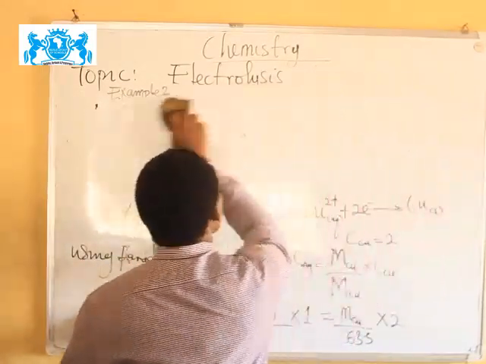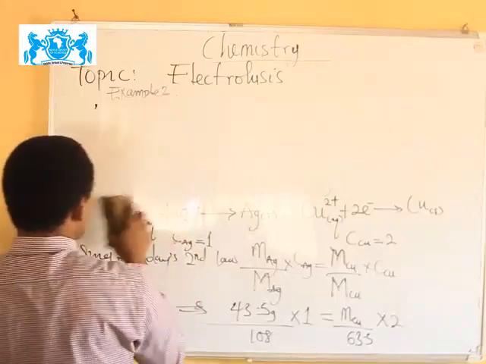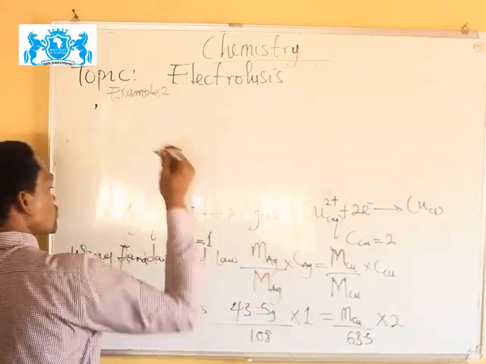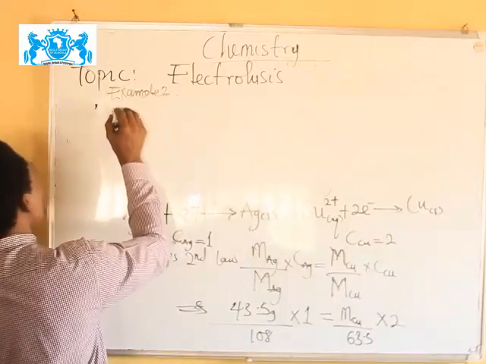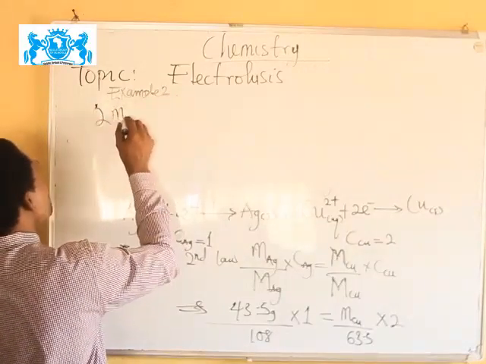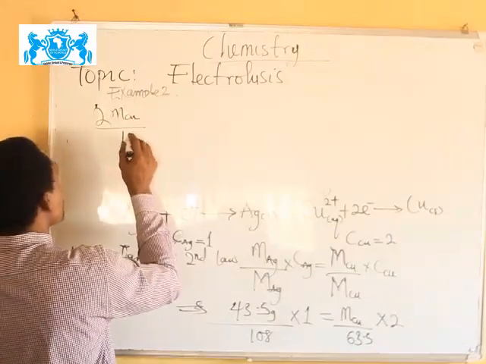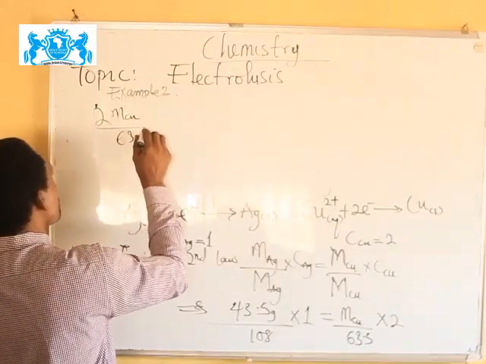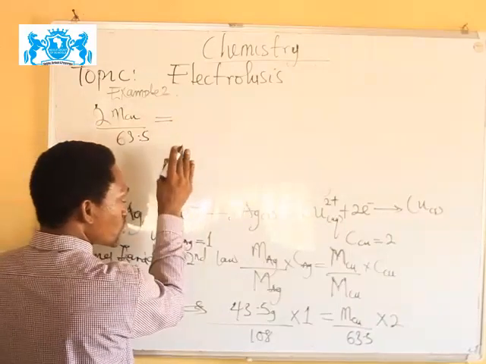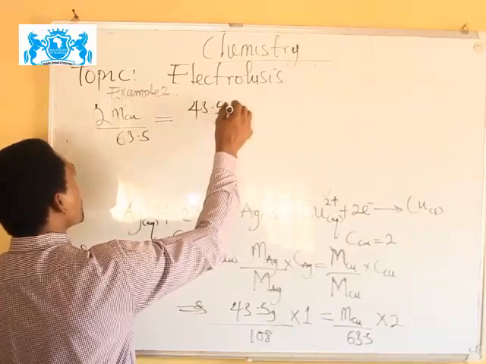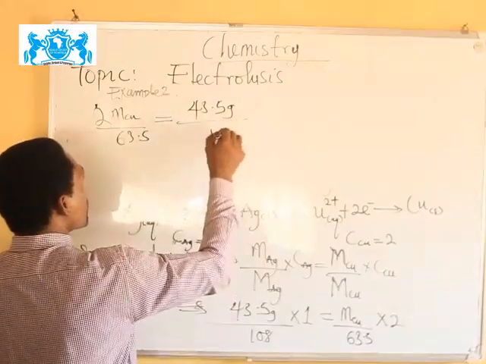So as quickly as we can, we'll make m(Cu) the subject of that formula. That will give us 2 m(Cu) all over 63.5 is equal to 1 times 43.5 grams all over 108.